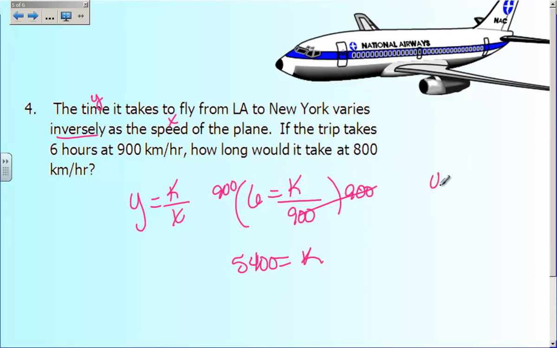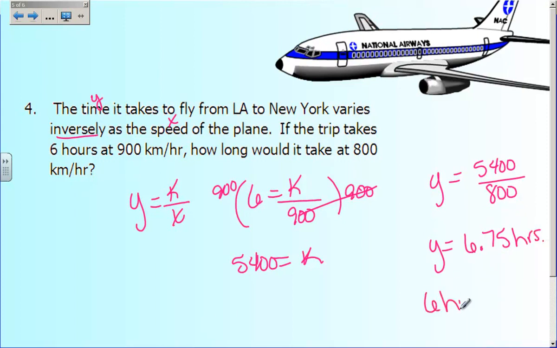So I want to know y equals, if k is 5,400, and speed is 800, and then I just need to divide the two to figure out how long it would take, and it would take 6.75 hours. And so if you wanted to get all technical, it would be 6 hours, and then 3/4 of an hour would be 45 minutes. And either of those answers is acceptable, but you're more likely going to see the second one as an answer choice on a multiple choice test.